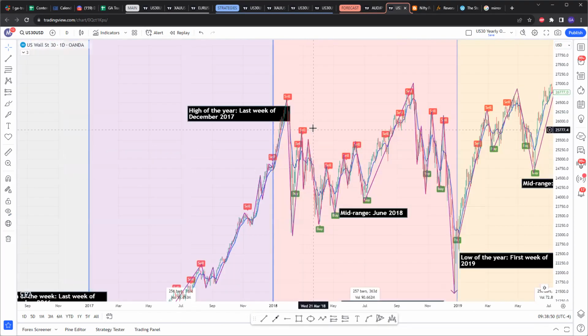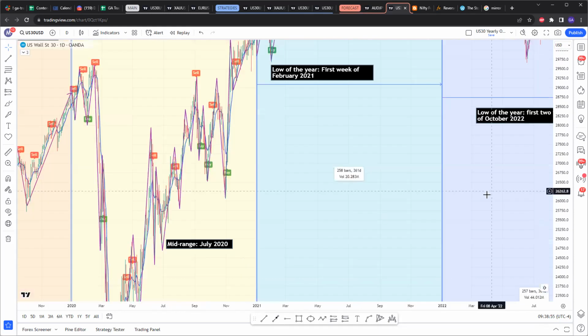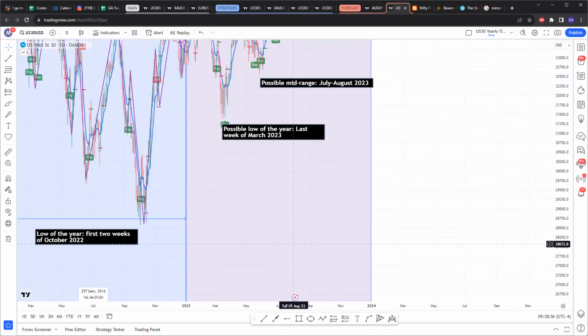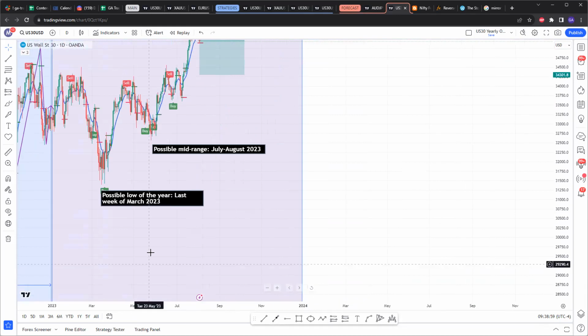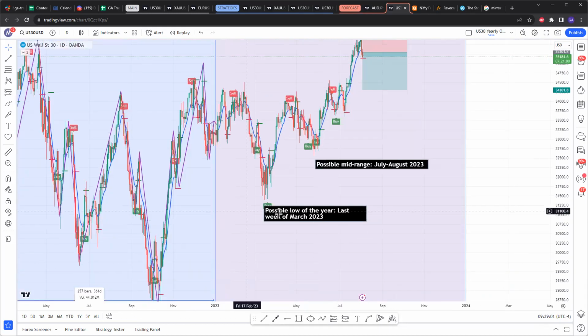And the pattern is that you have a yearly high and yearly low. Based off of that, I'm anticipating, if we're looking at 2023, the possible low of the year is the last week of March 2023 because we haven't had price closing anywhere lower than that. Now, the way I get this mid-range is, if the possible low of the year is March, how many more months do we have left in the year?